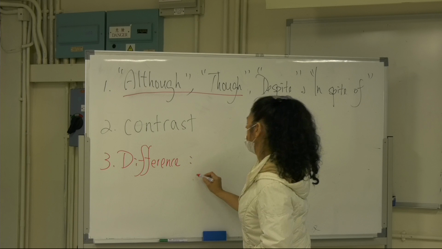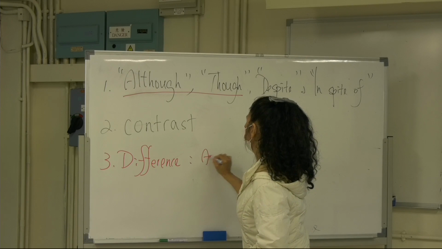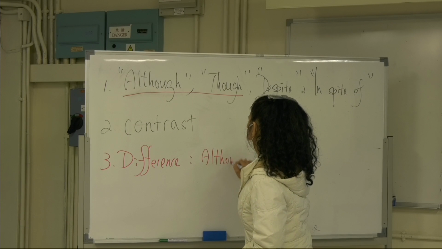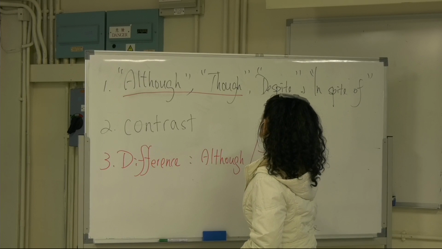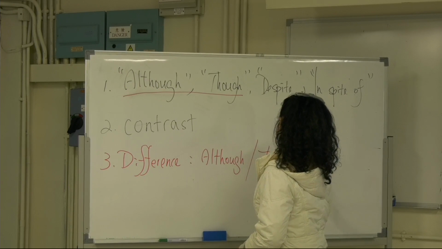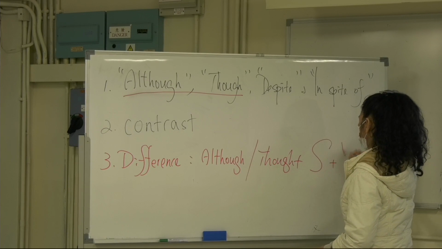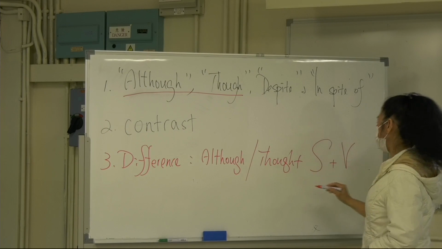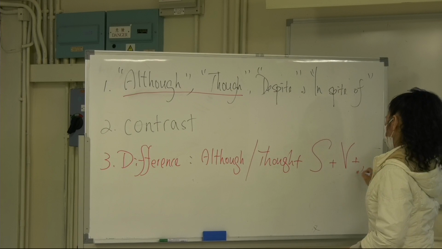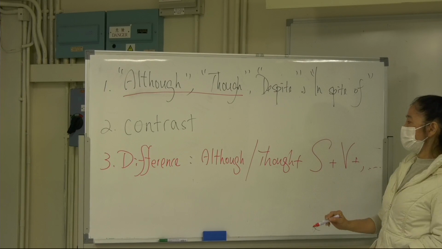Subject should be followed by subject, and then verb, if in the beginning, and then plus comma, then do the rest of the sentence.